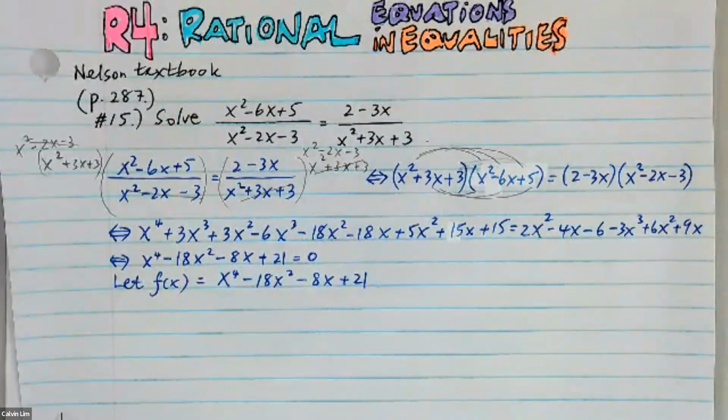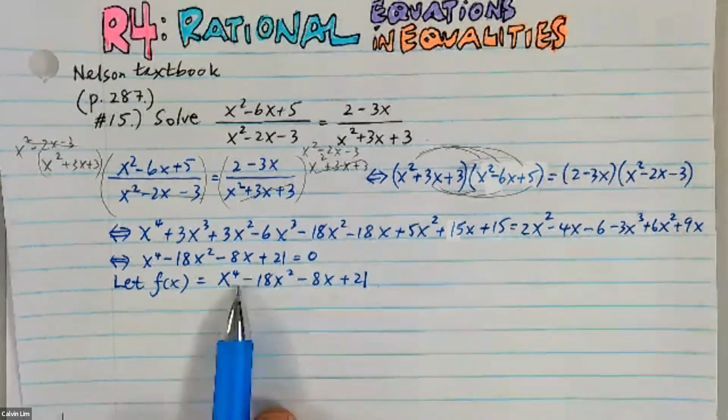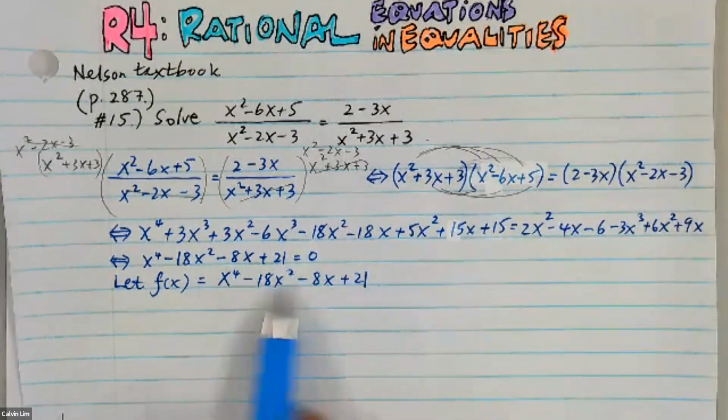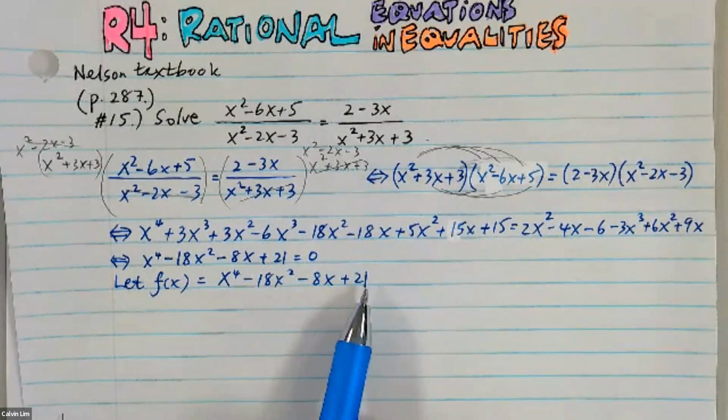I'm jogging your memory now about solving polynomial equations. What theorem do you use? The factor theorem, right? You have to find a zero of x to the fourth minus 18x squared minus 8x plus 21.